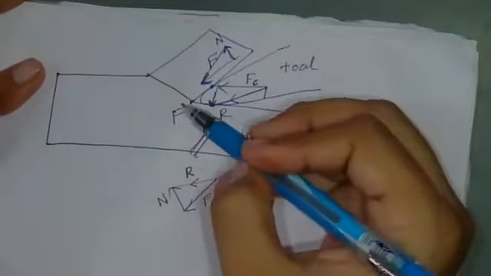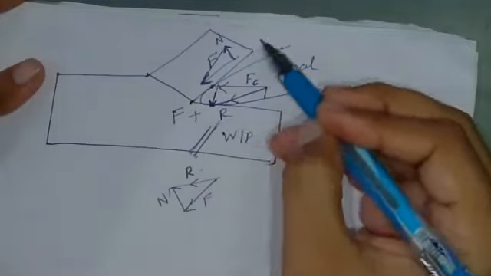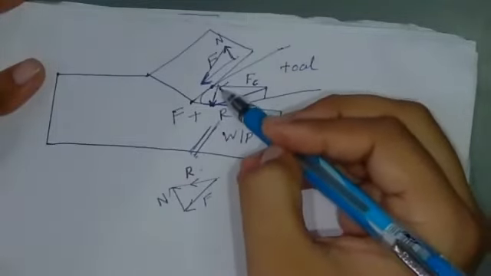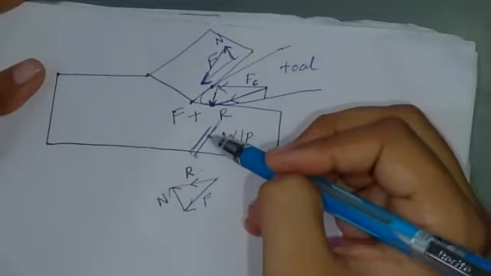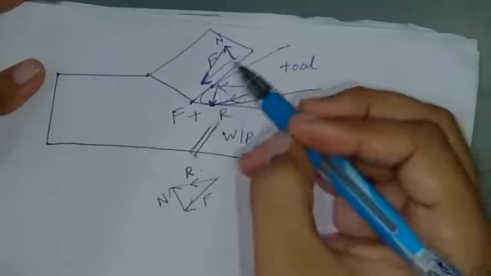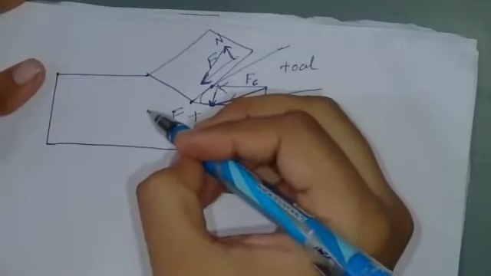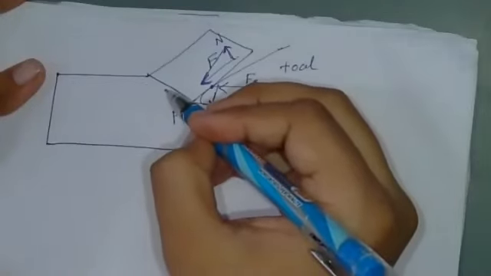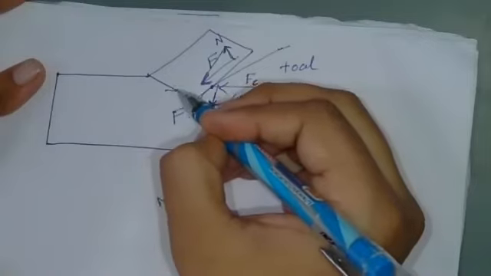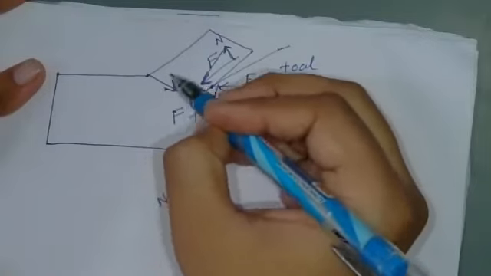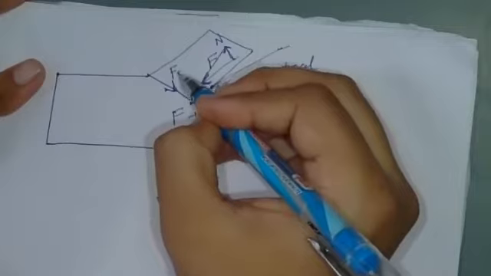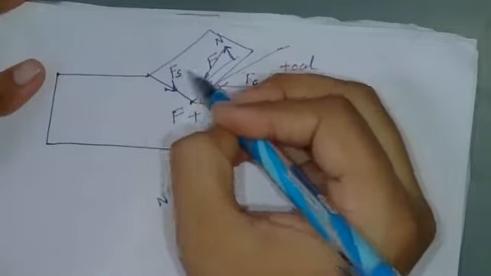Again, because the chip is also flowing upside, the same forces are also acting on the chip at the tool chip interface. So the chip is again subjected to some forces. There is a force which is causing shear strain, and we say it is the shear force Fs.